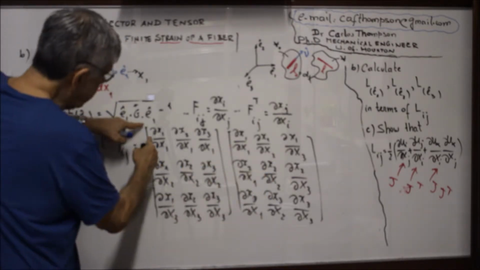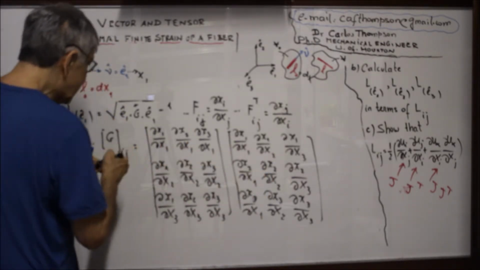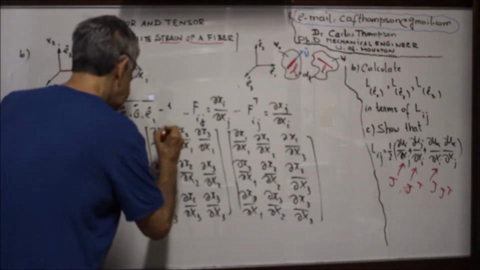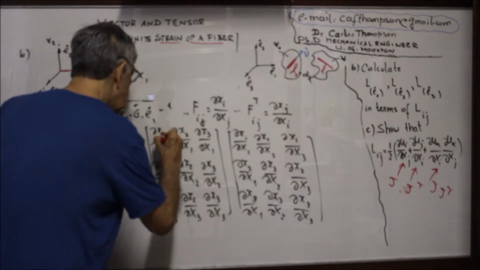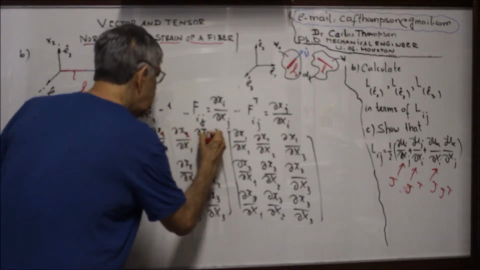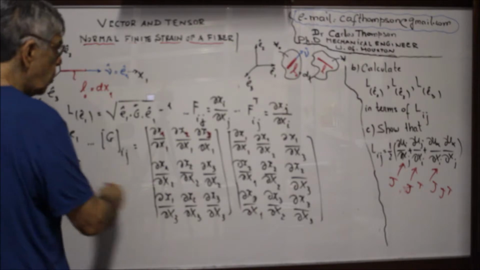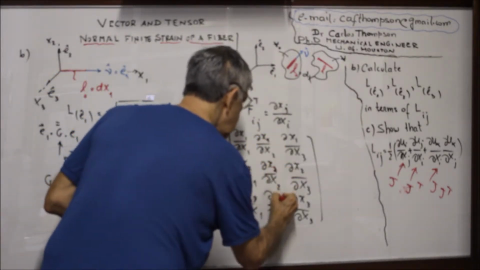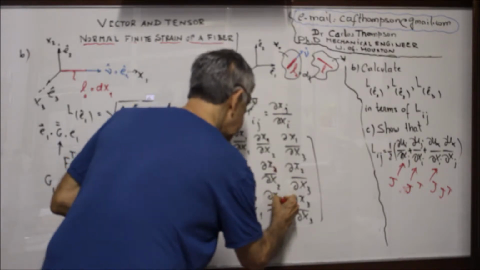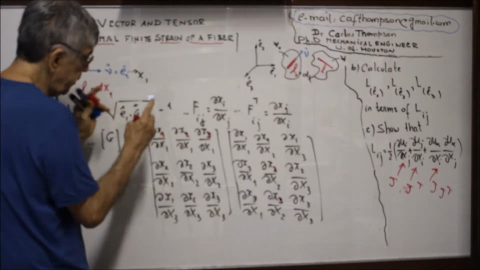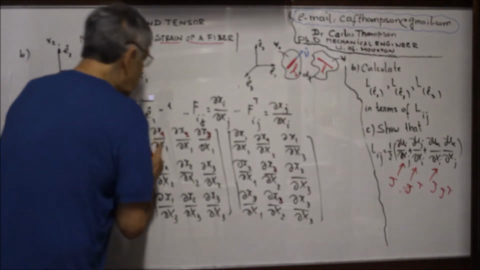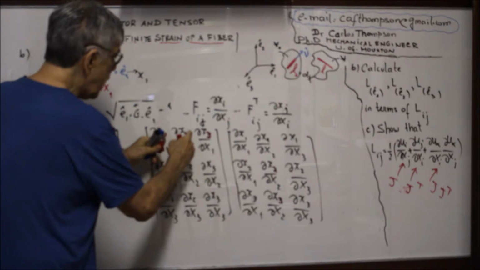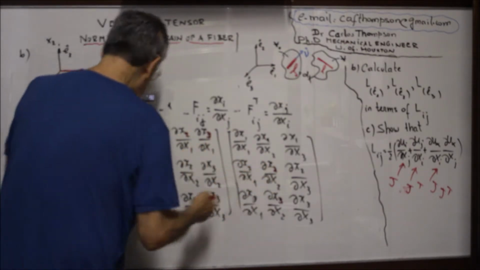The first row has a sum over 1, 2, and 3, and the second column also 1, 2, and 3. You see, there is a sum, so we can use Einstein notation: 1,1 plus 2,2 plus 3,3.